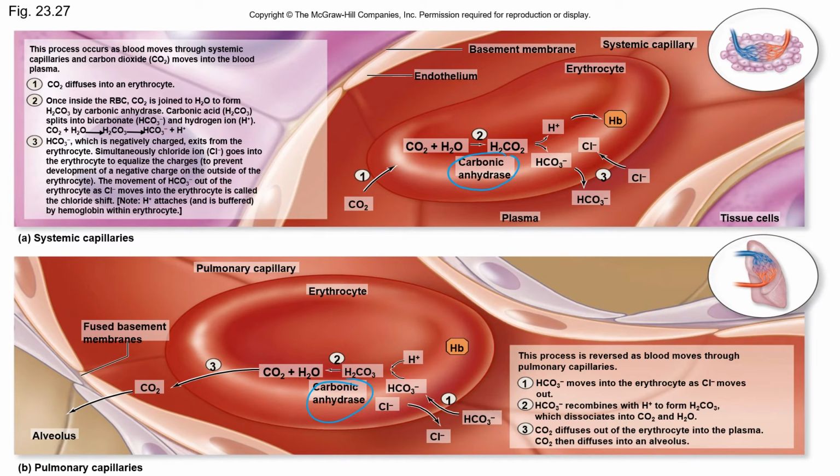So your CO2 actually has to travel into a red blood cell, form carbonic acid, split into bicarbonate and H plus ions, and then the bicarbonate, in order to be useful as a blood buffer, has to leave the red blood cells. And to balance the charges, as a negatively charged thing leaves the cell, chloride is imported into the cell, and this is called the chloride shift reaction.